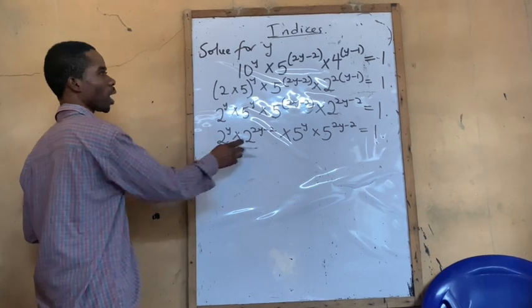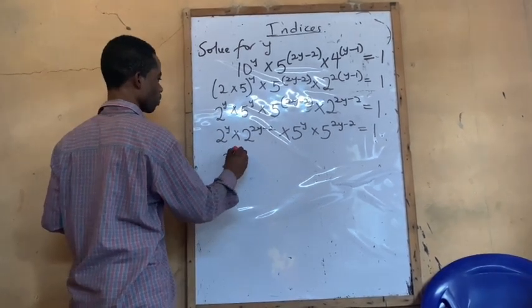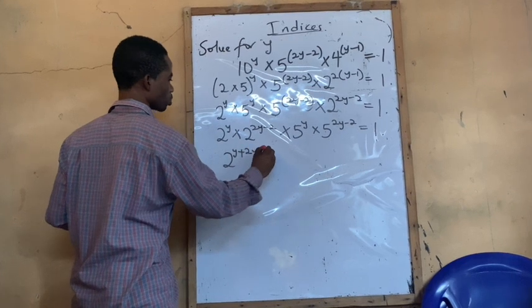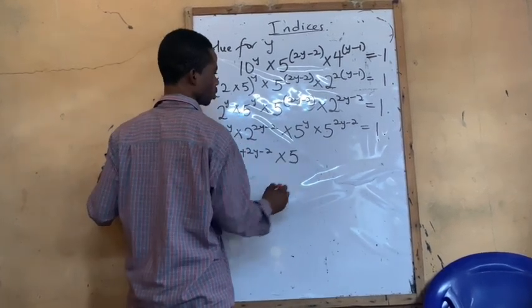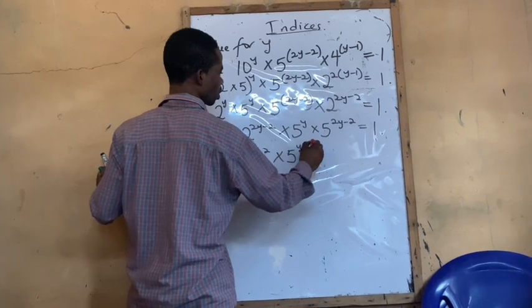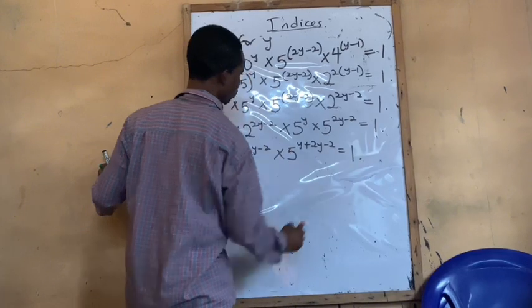So I'll pick one out of these two bases and I'll add the powers together. 2 raised to y plus 2y minus 2 times 5 raised to y plus 2y minus 2 equals 1.